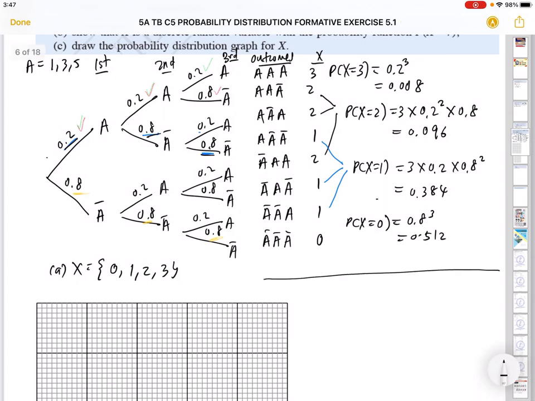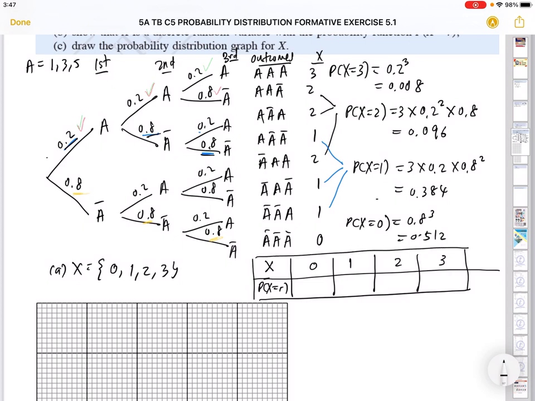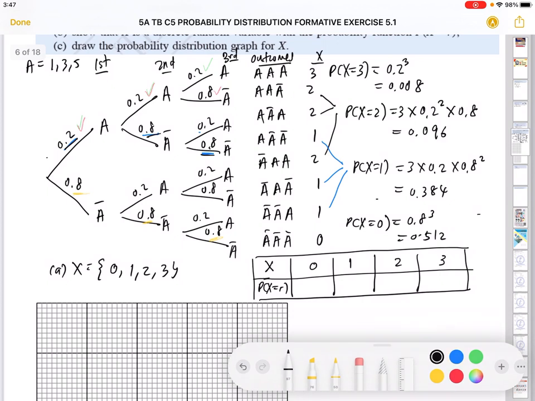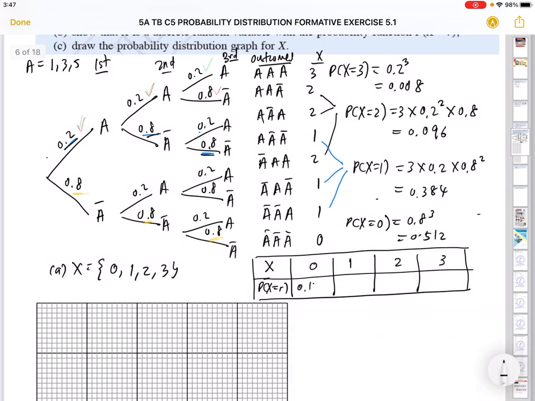So you can use a table: x, and P(X equals r). This is just 0, 1, 2, maximum 3. My first probability for x equals 0 is 0.512. X equals 1 is 0.384. X equals 2 is 0.096. Last one is 0.008.